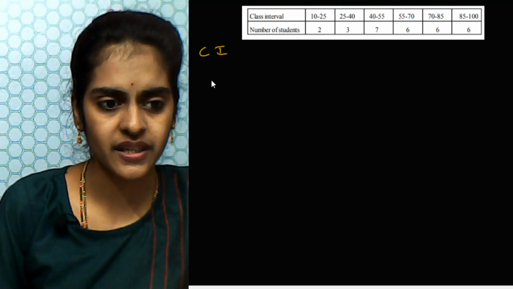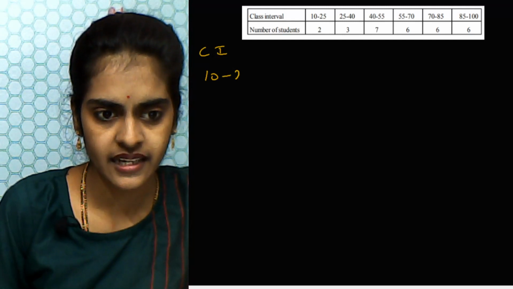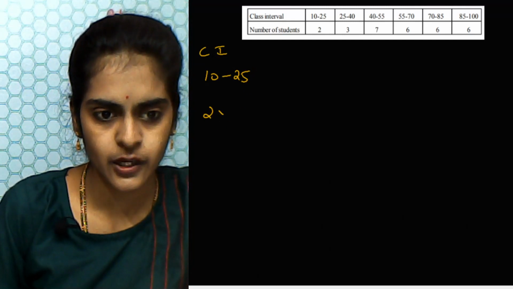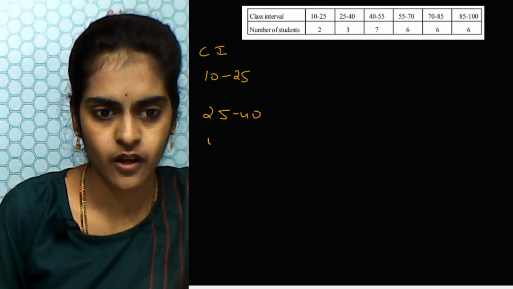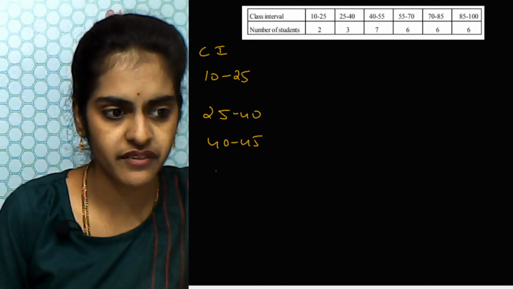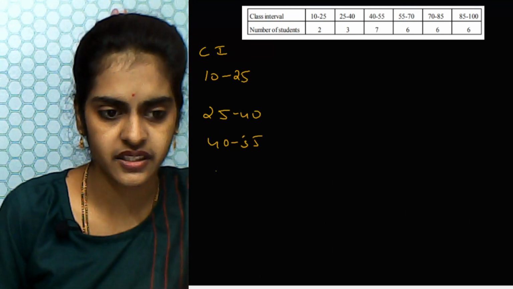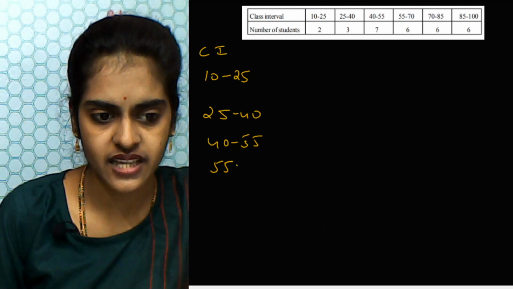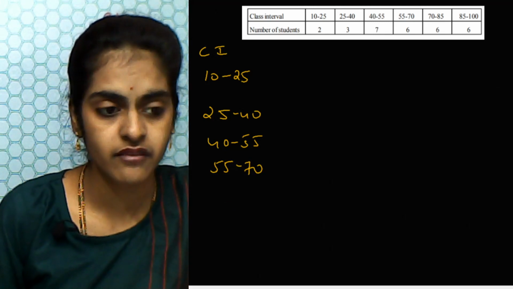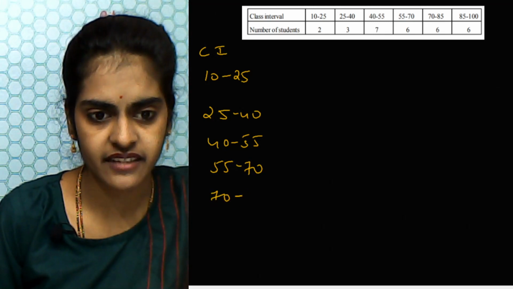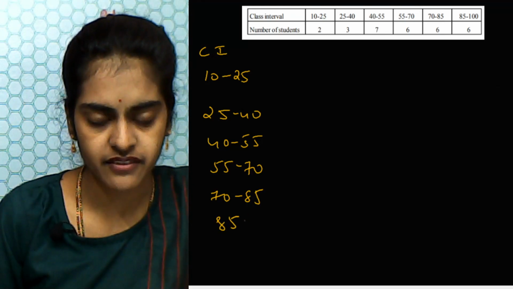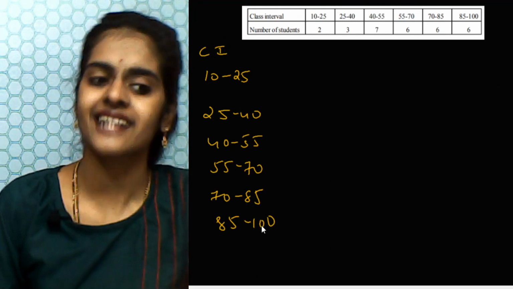So it is 10 to 25, 25 to 40, 40 to 55, 55 to 70, 70 to 85, and 85 to 100. These are the class intervals.